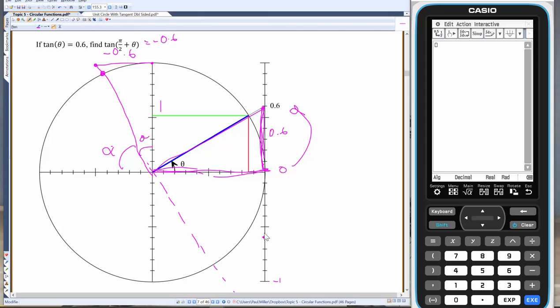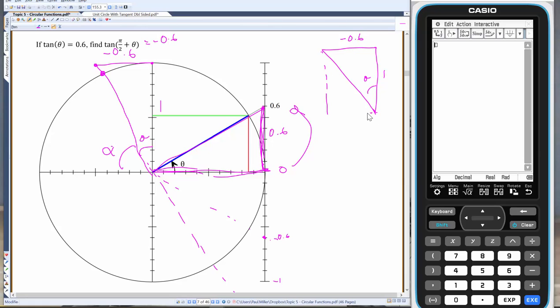Okay, and I mean, my drawing is not fantastic, but I can clearly see that that line is not going to go through negative 0.6. It's much lower than that, or below -1 at least. So here's another way to visualize this. That's 1. That's theta. That's negative 0.6.